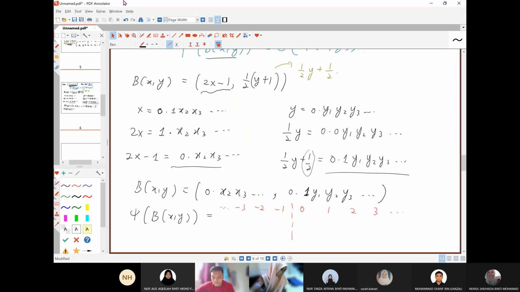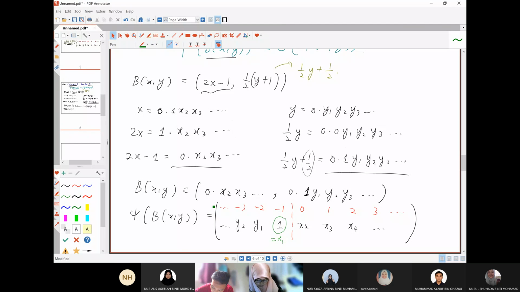So the position according to the BXY that we have just now, this is x2, this is x3, this is x4 and so on lah. And for the left hand side, you will have this is 1, this is y1, this is y2 and so on. But in fact this one here is actually X1. x1. Correct.